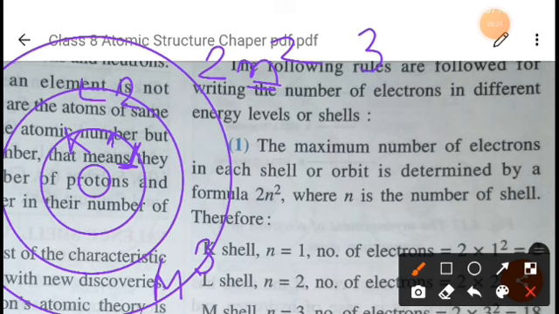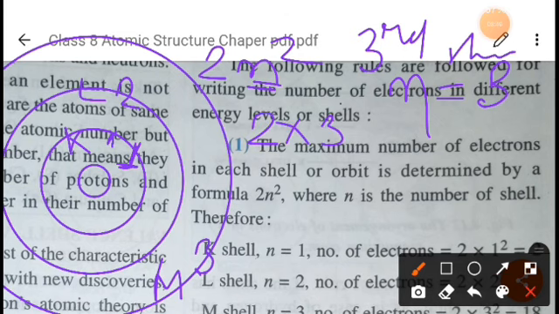So when we talk about the third orbit or third shell, n will be what? 3, right? So when we have to find out the number of electrons, it will be 2 into 3 square. So 3 square is what? 9, right? 9 into 2 is 18, means 18 electrons will be there in the M shell, right?